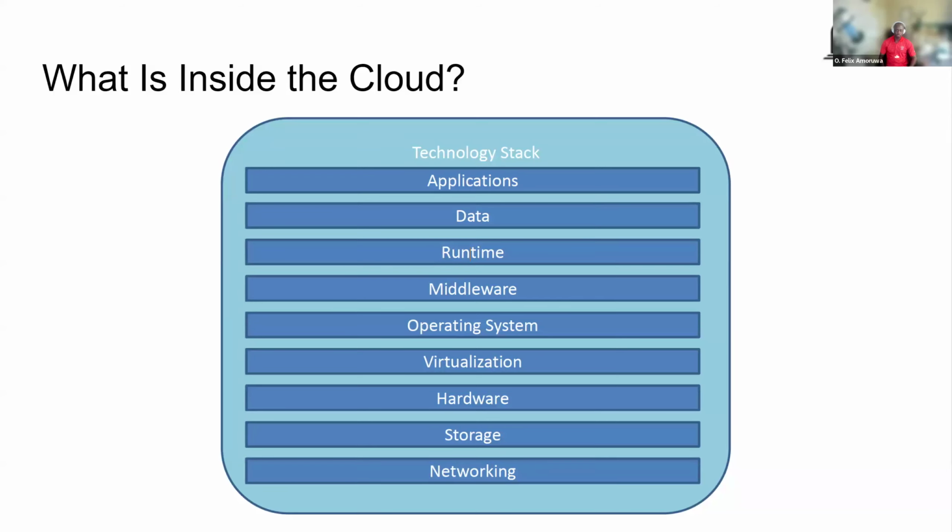And what this stack represents here is just a pictorial view of what's underneath the covers when you go to the Amazon Web Services portal and are attempting to provision a compute instance, or if it's GCP, to provision a Compute Engine, for example, right?